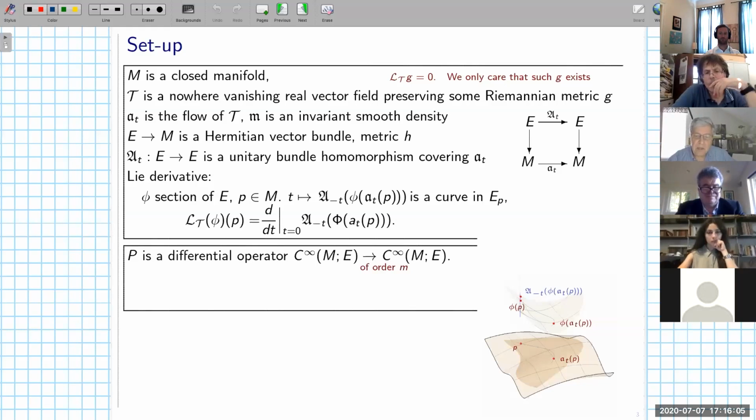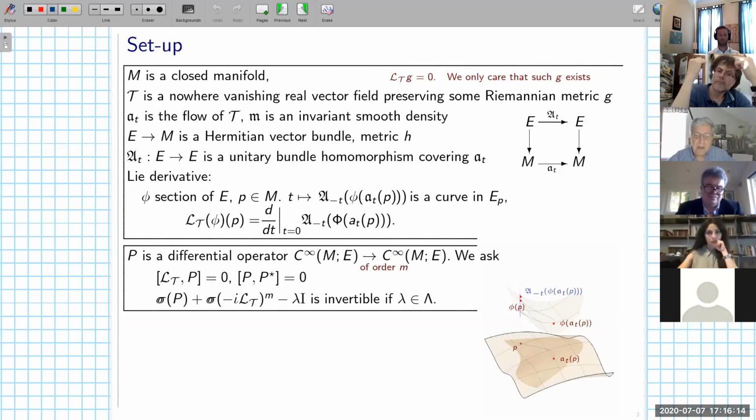So the other ingredient is you have a differential operator P of order m. It commutes, as I said before, and is formally normal. And then the ellipticity condition that I need is that you look at the principal symbol of P plus the principal symbol of (minus i L_T) to the power m, which is the order of the operator, minus lambda times I, has to be invertible when lambda is in capital Lambda, which is a real line inside the complex space.